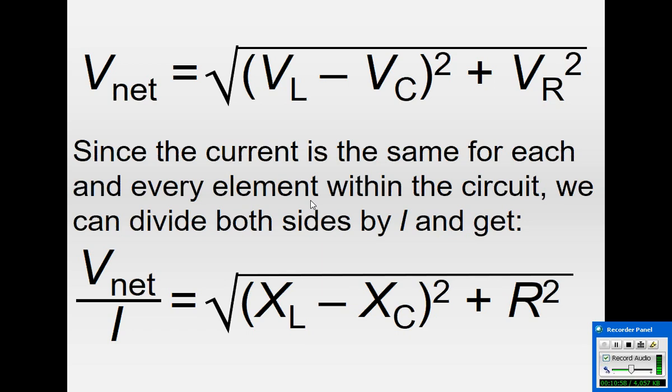So I take that difference, I square it, I add the square of VR to it, and then I can take the square root, I get the hypotenuse, or the magnitude of the voltage supplied by the source. If I wanted to, I could divide everything by current I, and I would get that this net voltage divided by I is equal to the square root of inductive reactance minus capacitive reactance squared plus resistance squared.